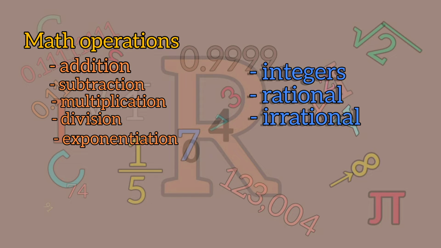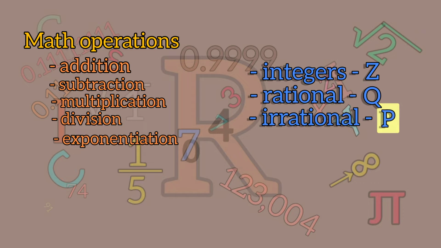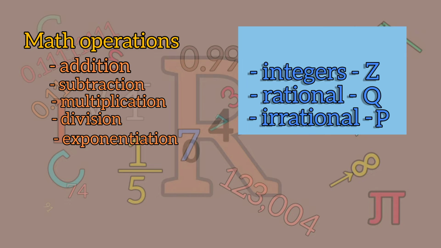These sets of numbers are represented by the following symbols. Integers, uppercase letter Z. Rational, uppercase letter Q. And irrational, uppercase letter P. And all of these three new sets of numbers were classified as part of a bigger set of numbers called the real numbers and represented by the capital letter R.